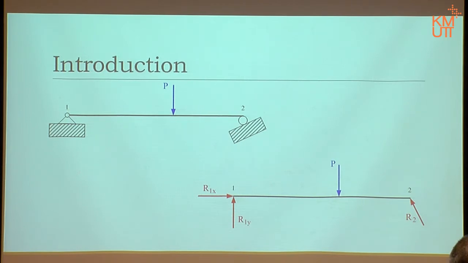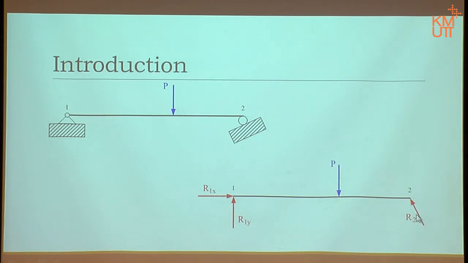Now the question is, how can this force all of a sudden transfer here and transfer here? The system here looks like there is only one force. What I mean is, if this force is 0, then that will be 0, 0, and that will be 0.